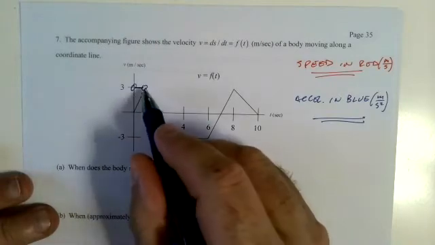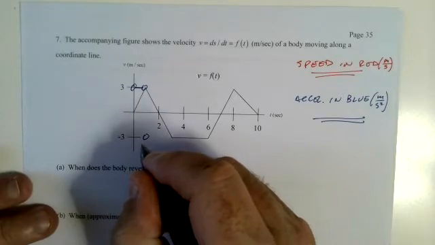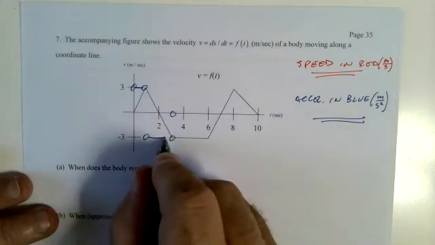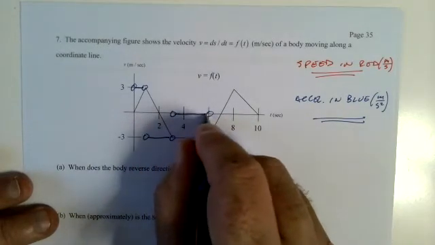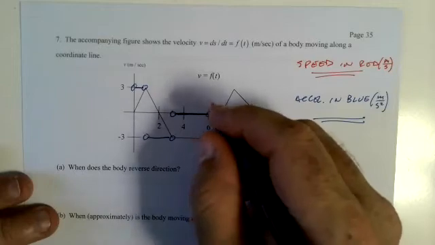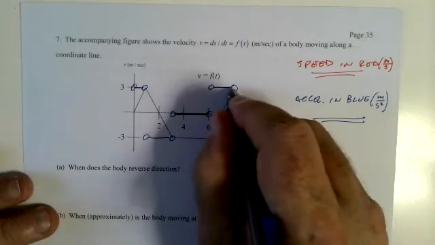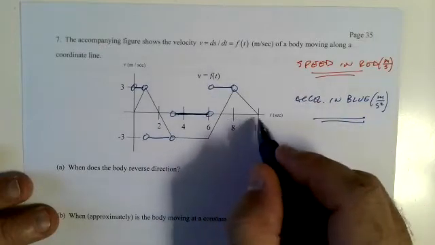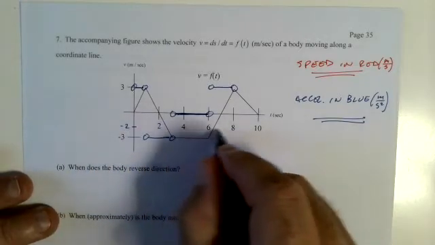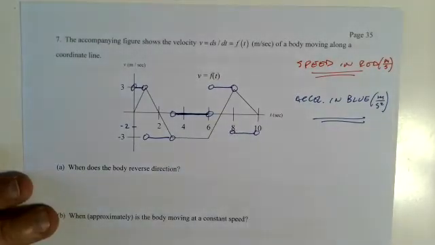Then here it's going negative from about here to here. Here it's 0, so about here. Then here it's 3 again. And then it's negative 2, so I have to make up a 2. And yes, I didn't want to write on my 8 and 10. I felt bad about that.